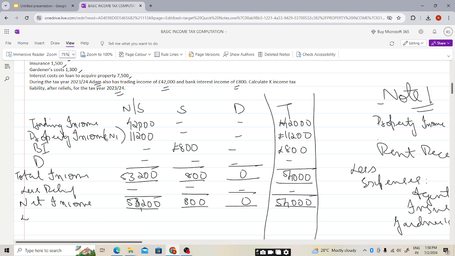Less PA. For PA we need to see whether our income is more than 100,000 pounds, to see whether our PA is getting tapered. Our income is not more than 100,000 pounds, so PA will be available in full, 12,570. After reducing our PA, we get our taxable income. The order for setting off the PA is non-saving, saving and dividend income.